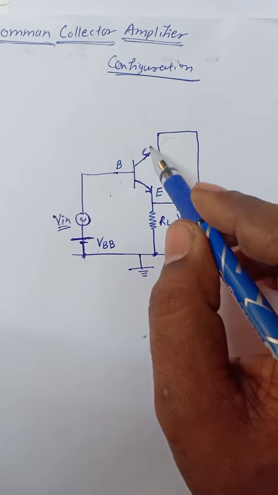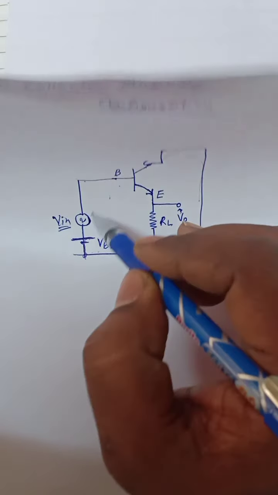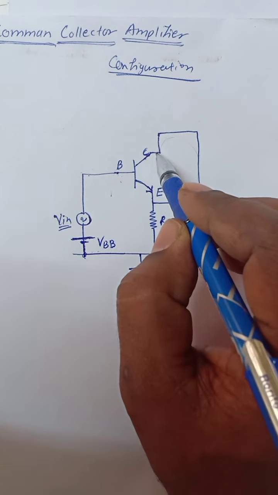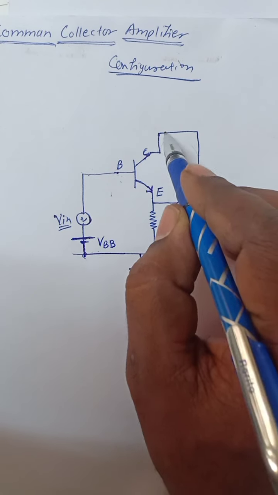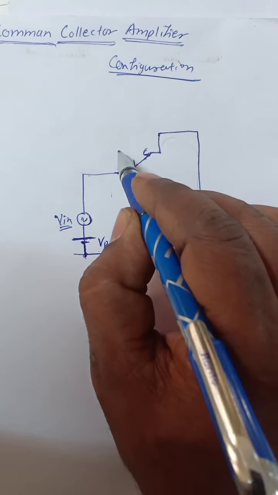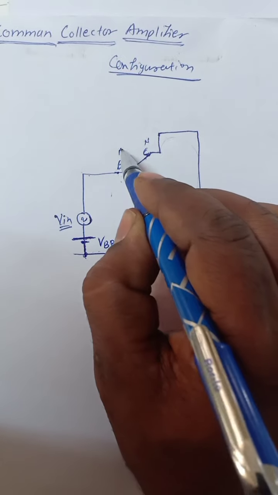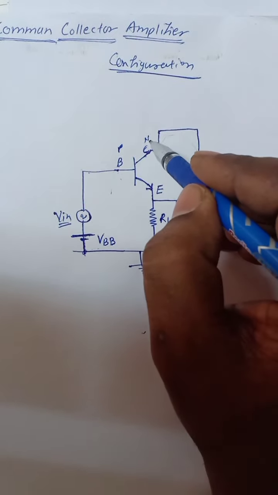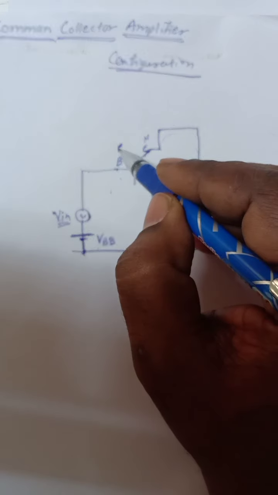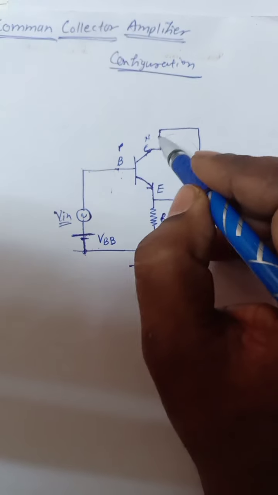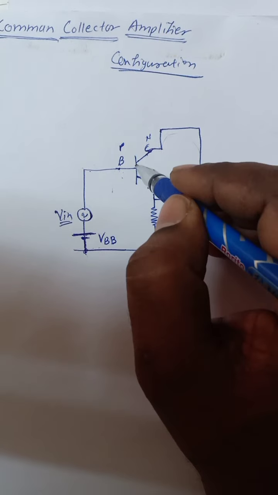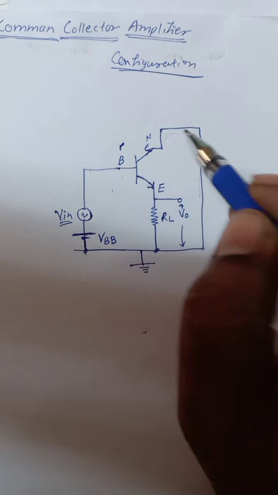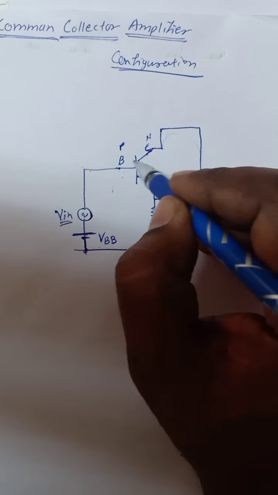Here, the base is at a positive potential. Now if we apply a higher voltage, here is the P type and this one is the N type. P already has positive potential. If N is greater than P, this PN junction becomes reverse biased.